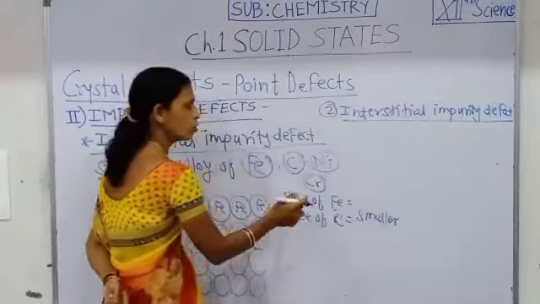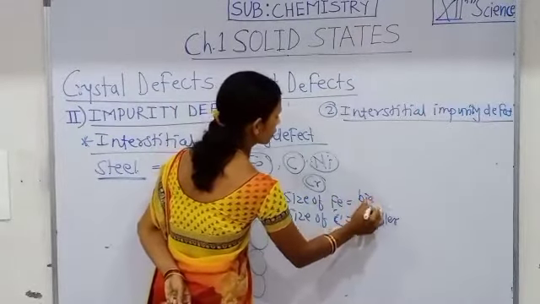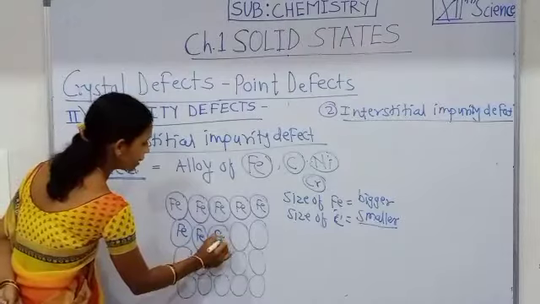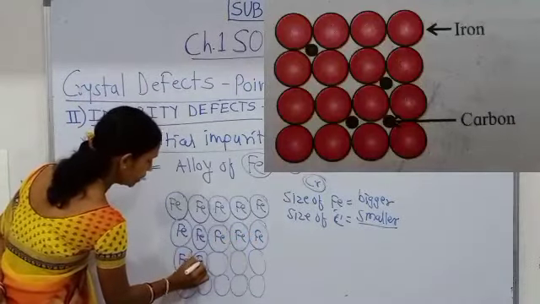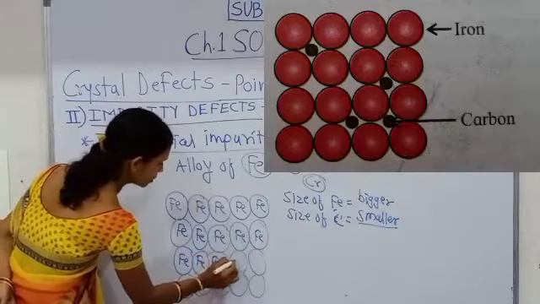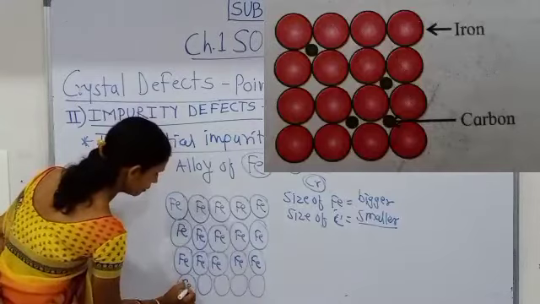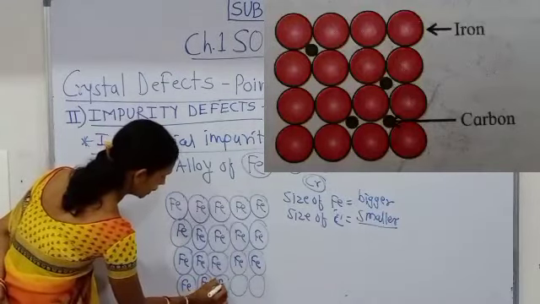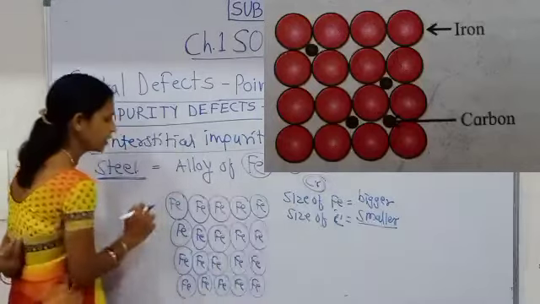Those carbon particles can occupy the interstitial space created by the host atoms present in the metallic crystal.